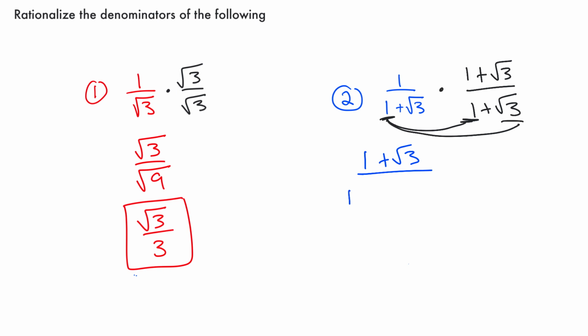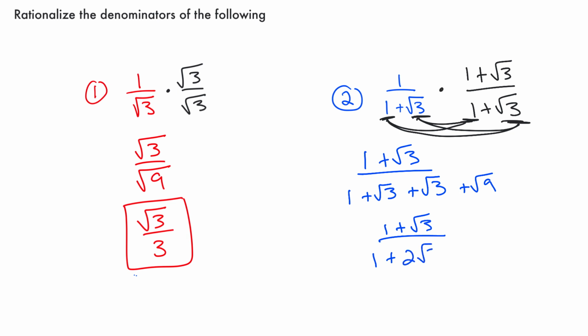First term times second term, 1 times root 3 is root 3. Second term times first term is another root 3. And then lastly, second term times second term is going to be root 9. When you simplify that, you're going to get 1 plus the square root of 3 over 1 plus 2 root 3 plus 3, which simplifies into 1 plus the square root of 3 over 4 plus 2 root 3. There's still a radical in the denominator. This technique doesn't work. You need to be more careful and more specialized.